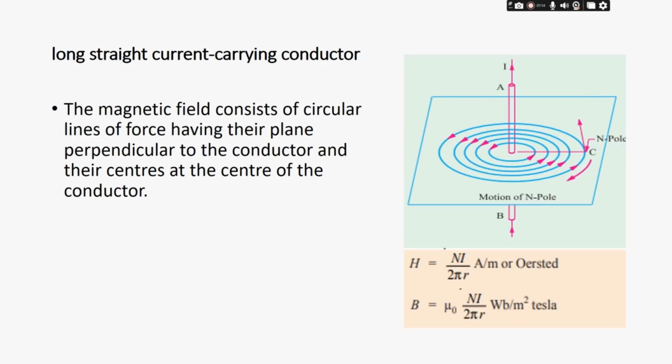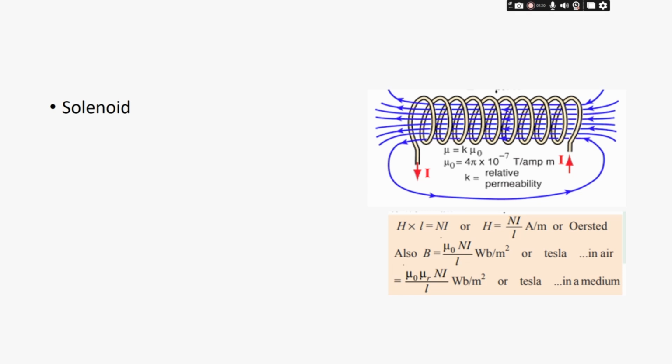This is also a representation of Ampere's circuital law, and this is what a solenoid looks like. If a current is flowing in a circular direction like a solenoid, then you can curl your hand, and the direction of the thumb gives the direction of the magnetic field.